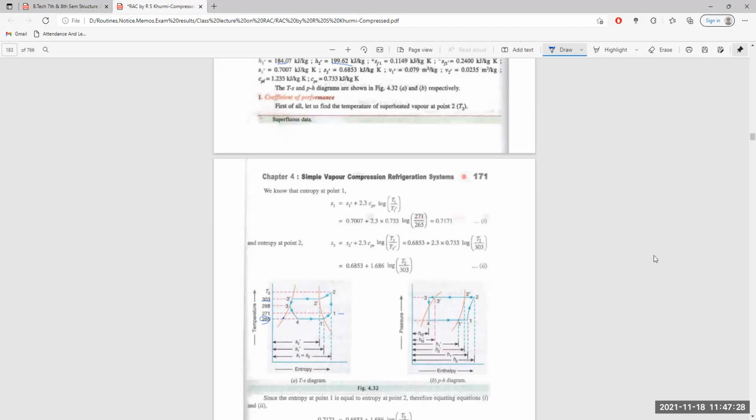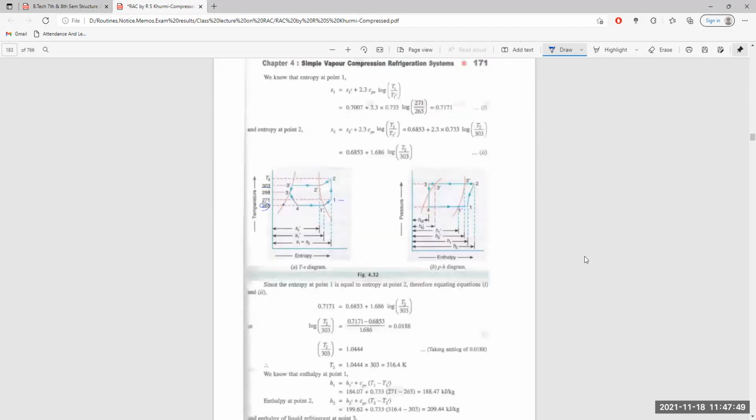So put the respective values: 0.6859 plus 2.3 times 0.733 log T2 divided by 303 itself, because T2 dash temperature here is 303. Put this equal to the entropy at point 1, that was just calculated, equal to 0.7171.